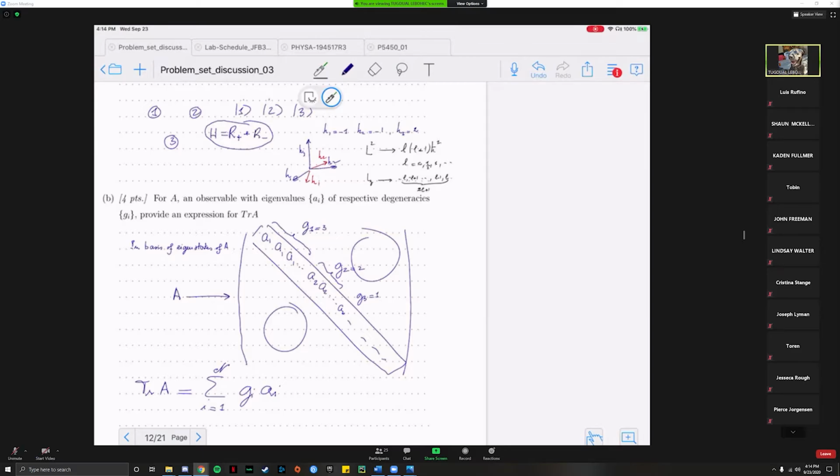And the second measurement would specify the vector in that subspace corresponding to A2. And then, of course, in the case of A1, if I find A1, then I'm selecting a three-dimensional subspace to specify the state of the system, and I need to measure something else to identify which direction in that space corresponds to the state of the system.